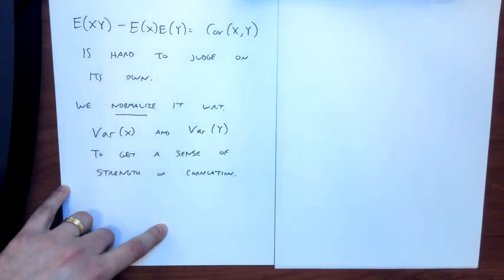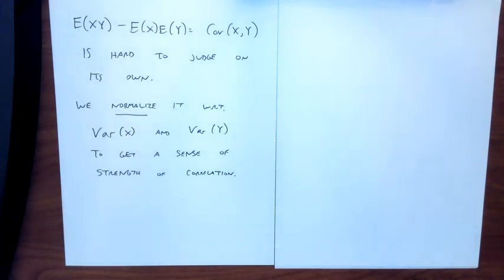So 1 over 144 may not be that much if the variance of x and y by themselves are like 50. But if the variance of x and y by themselves are like 1 over 1,000th, then that tells me a lot more. It tells me that there's a big strong correlation. And so what I want to do is get a number that is always in the same range. So what I'm going to do is define what's called the correlation coefficient.